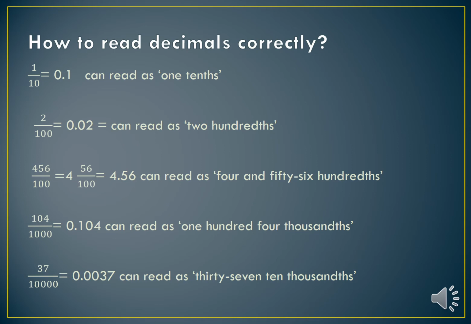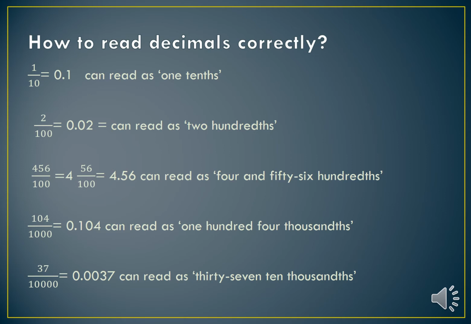It is the correct way of reading. Instead of saying 0.02, it must be read as 2 hundredths. As well as with 4.56, it can be read as 4 and 56 hundredths. 5 is tenths, 6 is hundredths. Therefore, 4.56 is 4 and 56 hundredths.